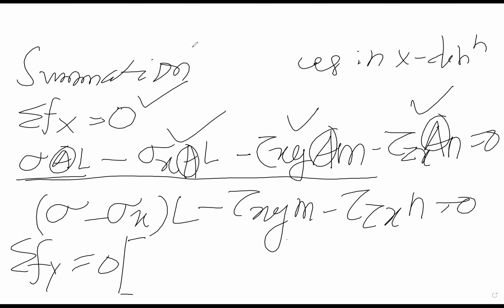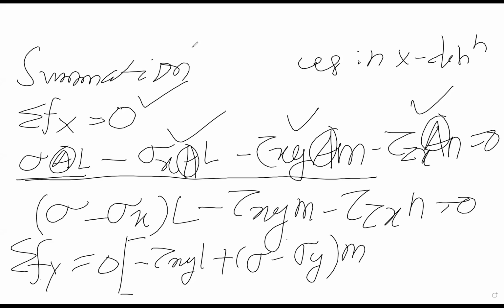So we'll find first tau xy L plus sigma minus sigma y. Here there is no x because we are going for the y direction. So that is sigma minus sigma y, m, minus tau zy n. Then these are the forces in y direction.